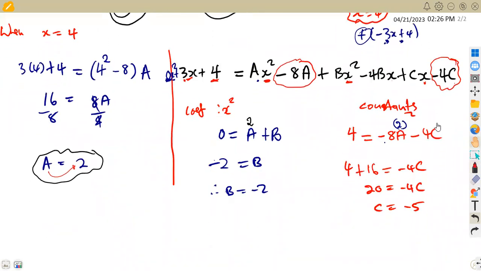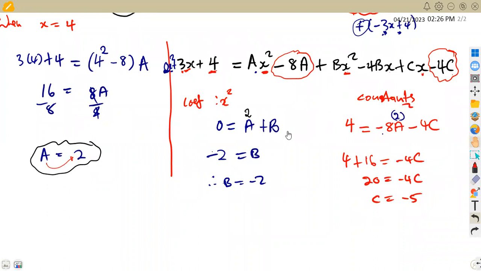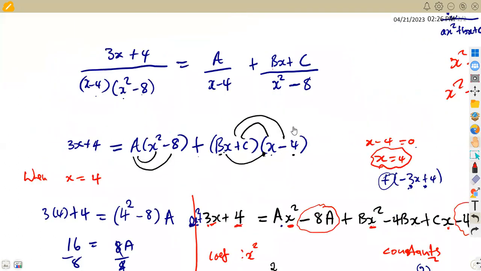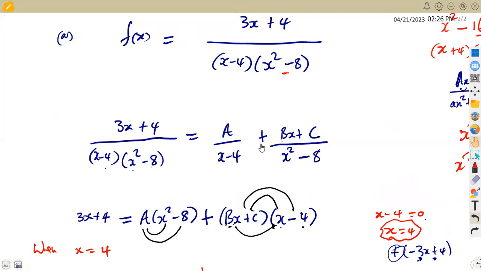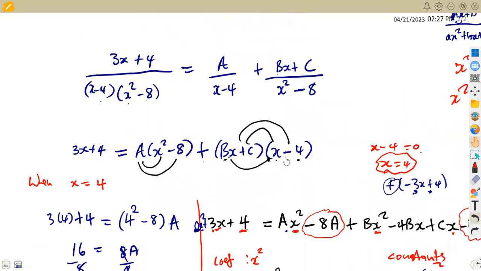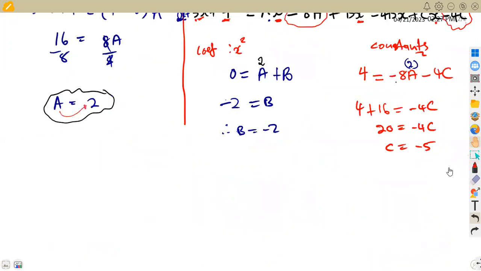So we have the values of a, b, and c, which we are going to substitute back into our f of x, which we said is a over x minus 4. Let's have it as a conclusion here.